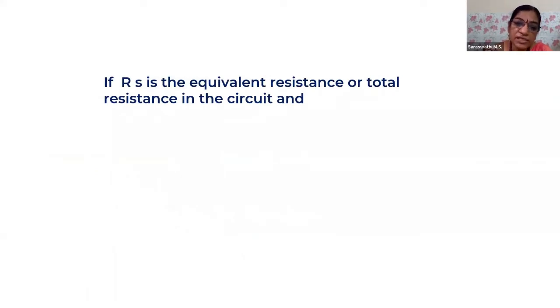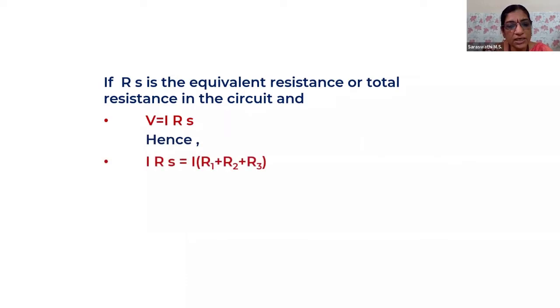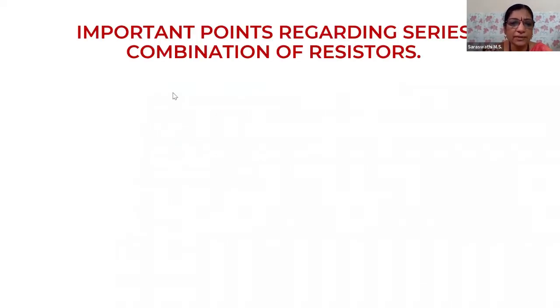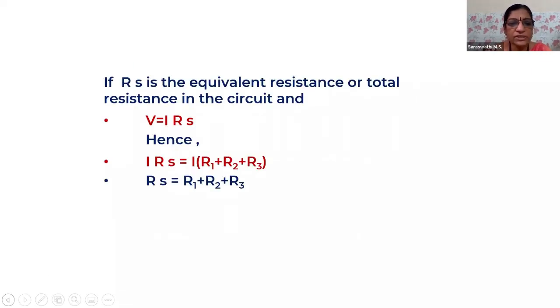If Rs is the equivalent resistance or total resistance in the circuit, then V is equal to I into Rs. So we get I Rs equals I into (R1 plus R2 plus R3), or Rs is equal to R1 plus R2 plus R3. What is important about the combination of resistors? This is the expression you get.